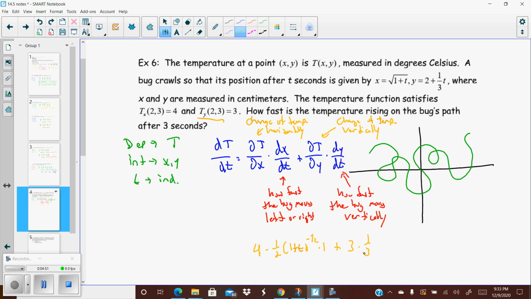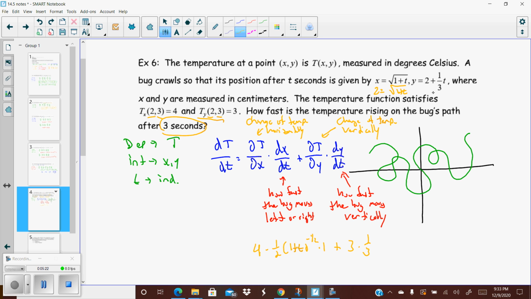So the only thing I have to figure out is t. Don't really have to figure it out. They gave that to me. It's 3 seconds, so we can plug that in. If we didn't know the value of little t, we could figure it out, because this represents your x and that represents your y. If I were to plug in, for example, 2 for my x, I could find the t value: square both sides, subtract the 1, and you would get t equals 3.